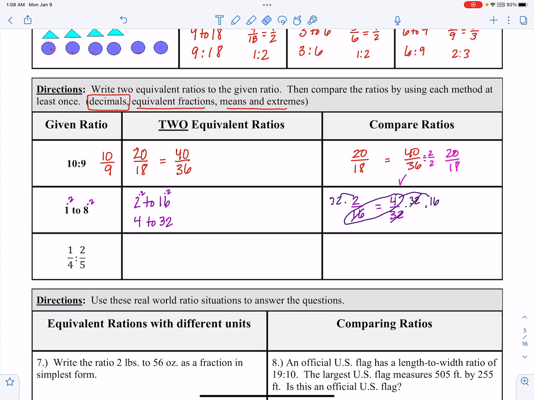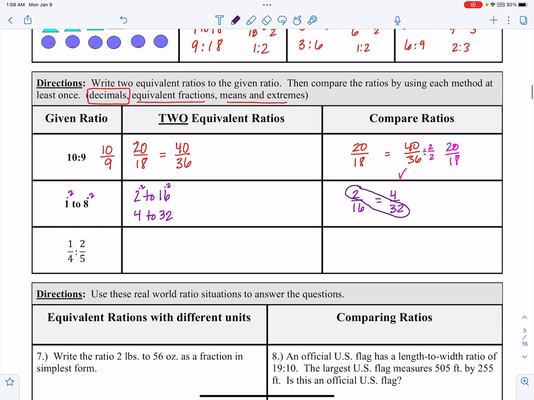And if it matches that they're equal, then you know that they are equivalent fractions. If that doesn't work, then you know they were not equivalent. And so this means extremes is just the trick for that longer math work.